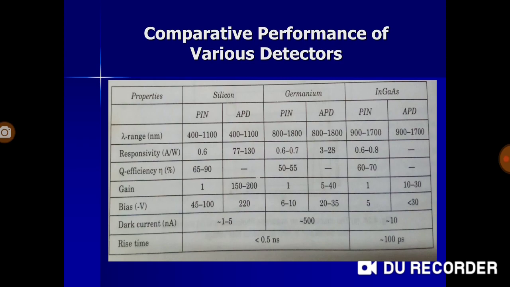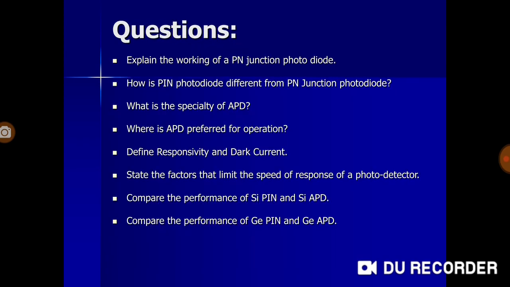The types are already discussed in detail, as to what their make is and what the electric field distribution across the diode is, with respect to the thickness or length of the diode. The review questions are based on whatever we have been discussing. Explain the working of a PN junction photodiode. How is a PIN photodiode different from a PN junction photodiode?